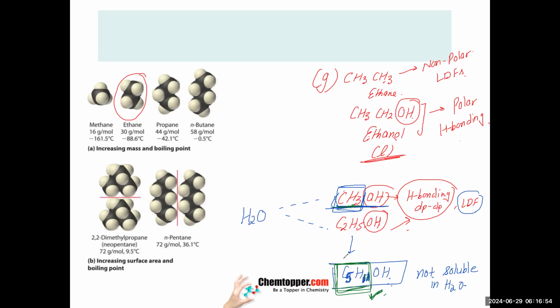This non-polar part, we call it hydrophobic. What's the meaning of hydrophobic? Water fearing, repelling water, not soluble in water. So if that part is big, then it becomes not soluble in water.